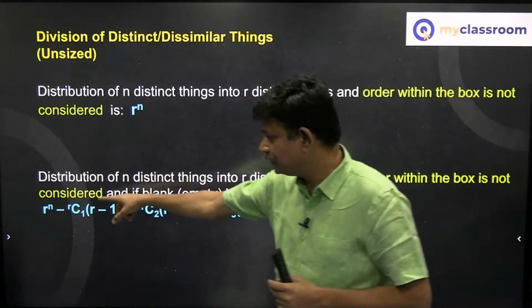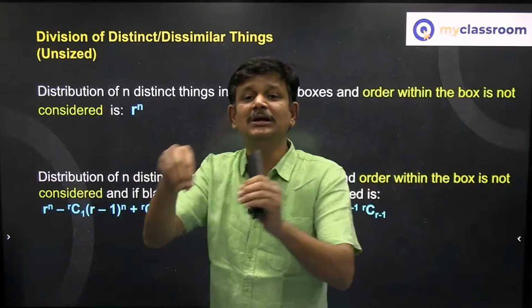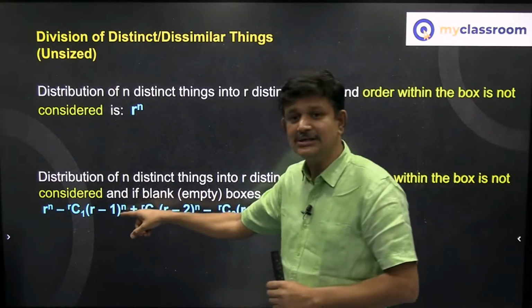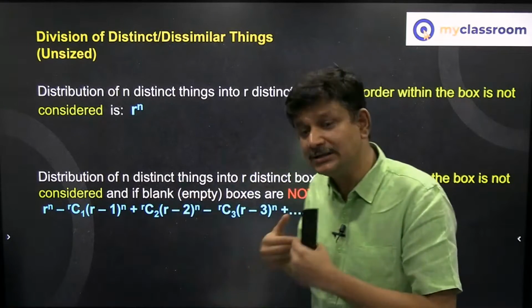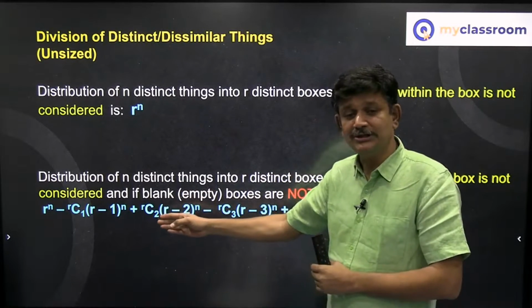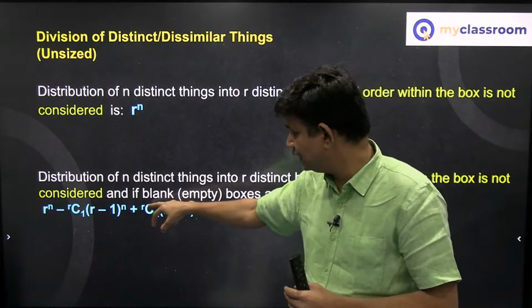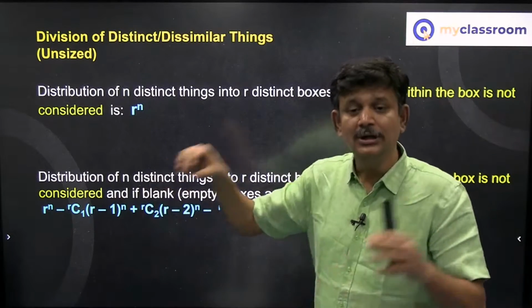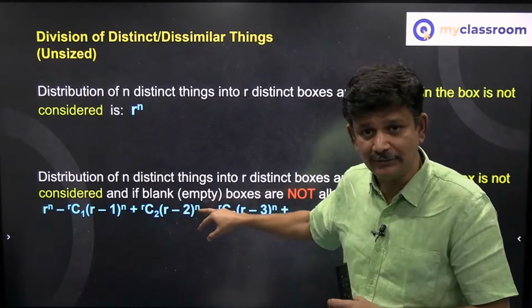I select the box, RC1, remove that box and distribute among the remaining R minus 1 boxes, in R minus 1 power n ways. But here you will be subtracting in excess. So by the inclusion exclusion principle, you have to add the case where two boxes were empty: select the two boxes to be empty, RC2, and distribute among the remaining R minus 2 boxes in R minus 2 power n ways.